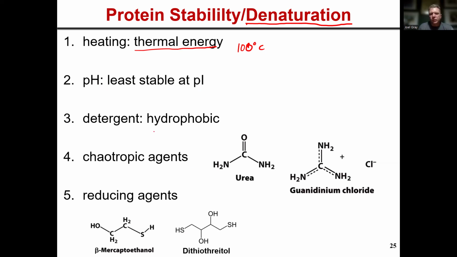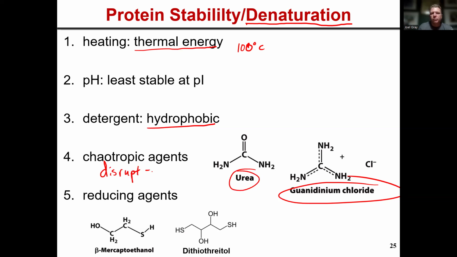You can also use detergents to destabilize them. Detergents are hydrophobic. Then you can use chaotropic agents like urea and guanidinium chloride. These two compounds are examples of chaotropic agents, and what they do is disrupt hydrogen bonds.